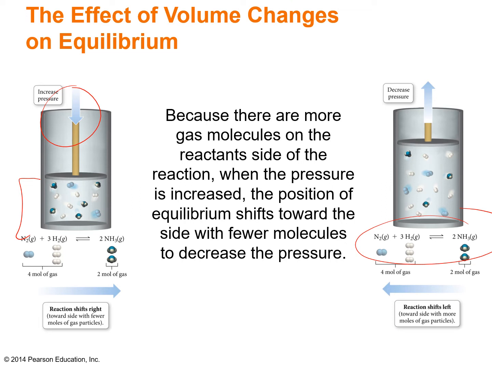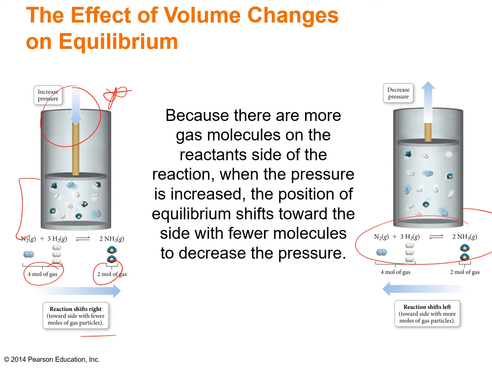So in this specific case, in our first example, what are we doing? We're increasing pressure. What is the reaction going to want to do? It's going to want to decrease pressure. So what does it do? It tries to get rid of gas molecules. Well, we have 4 moles of gas on this side and 2 moles of gas on this side. So what is it going to do? It's going to push the reaction to the right, so we lose moles of gas.